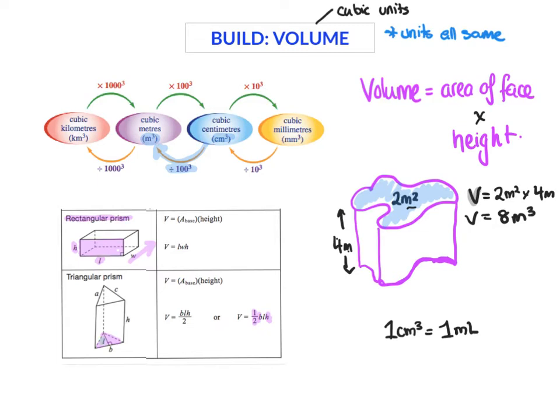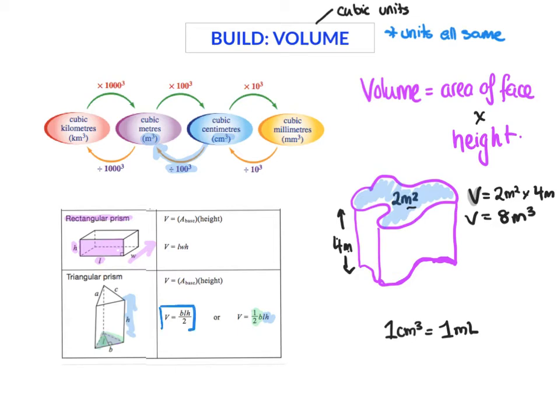Is L here. So when we're finding it, you can see that they've done the half base times height. So I'm going to change this to be the triangle. So you can see there's the area of the triangle, and then you times it by the length of it. So there's the height. So you can just use this formula when you see a triangular prism.